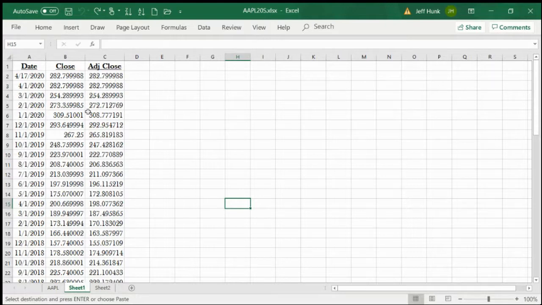The most recent dividend was paid in February, and the previous one was in November. And I told you, the February dividend is actually the dividend of the fourth quarter of 2019, right?